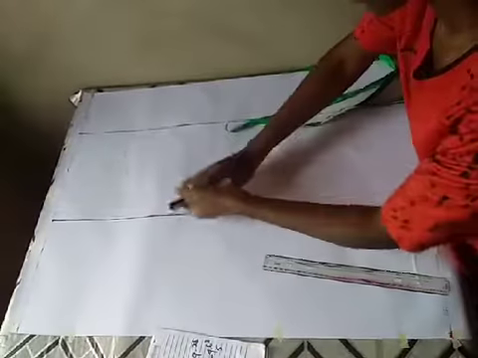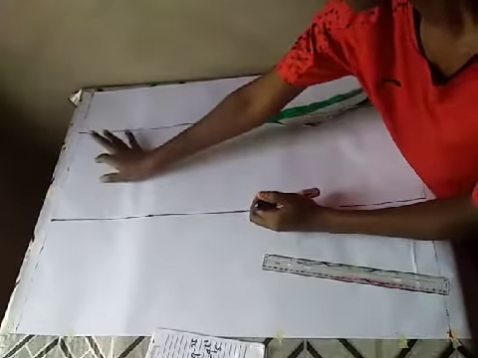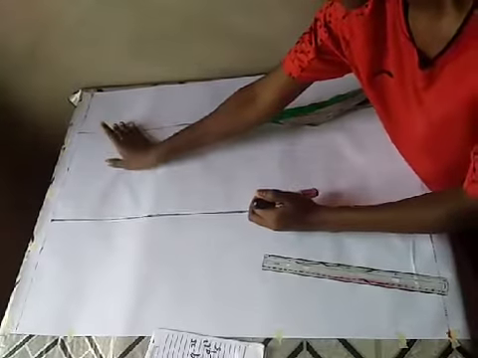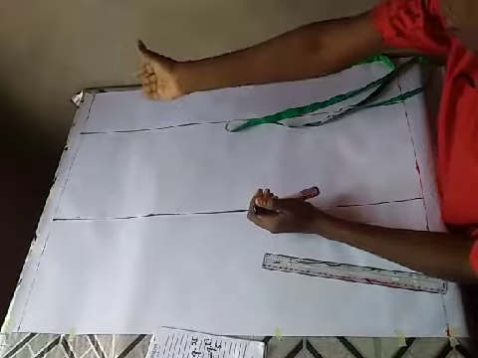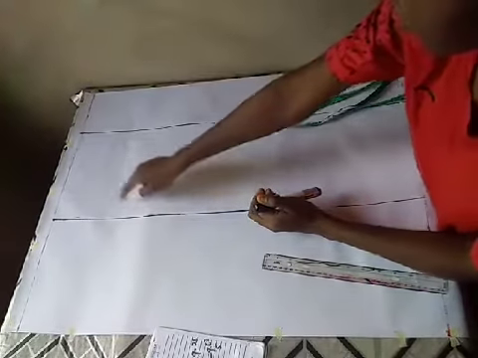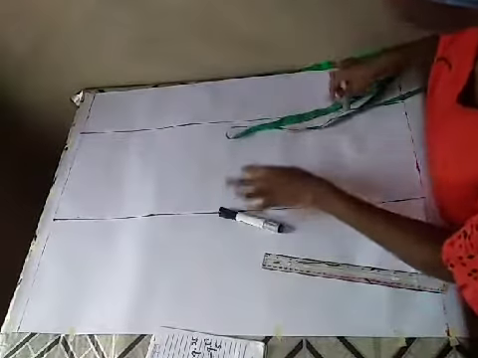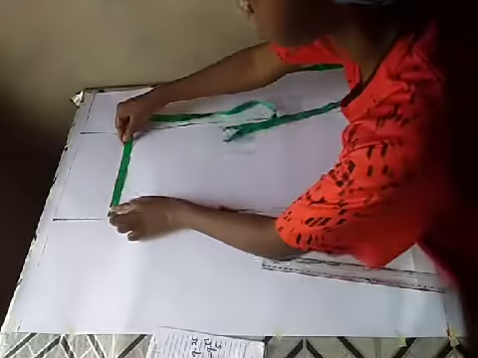So this is 1/4 of your hip measurement, then this is 1/4 of your hip measurement. If you divide 38.5 by 4, that will give you 9.625. You understand?